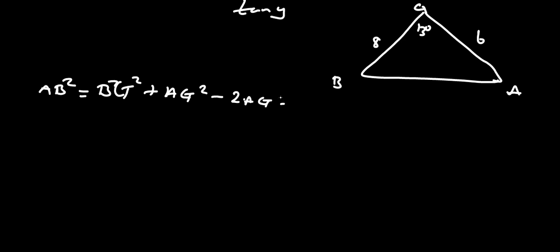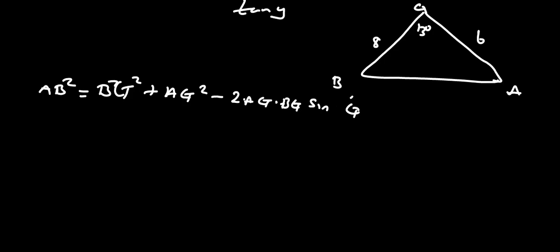So remember, did they use AB? Yes, they use AB. So it's AB squared equals the BG squared plus the AG squared minus 2 times AG times BG, and then sine of... this is angle G, right?